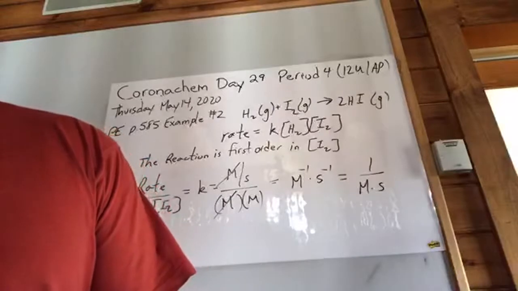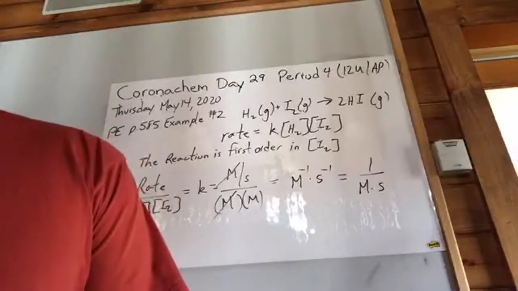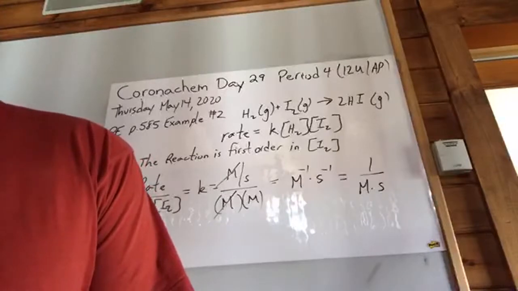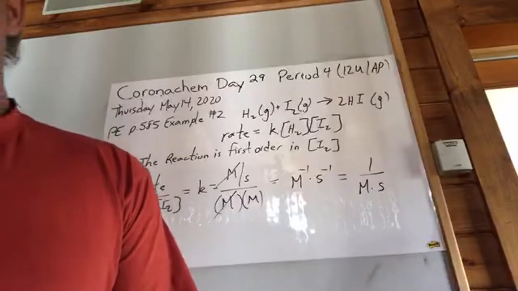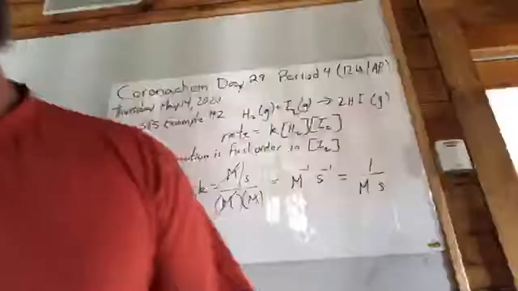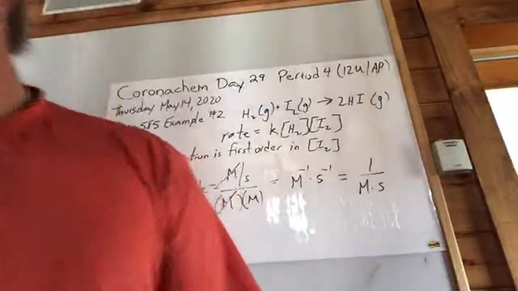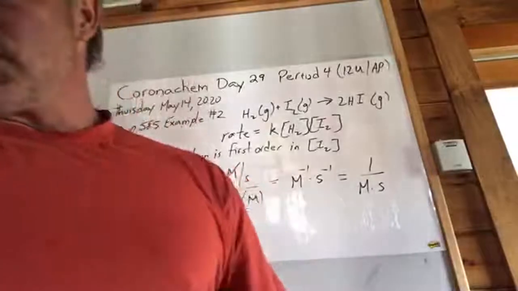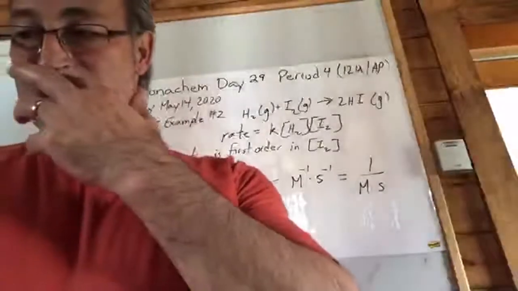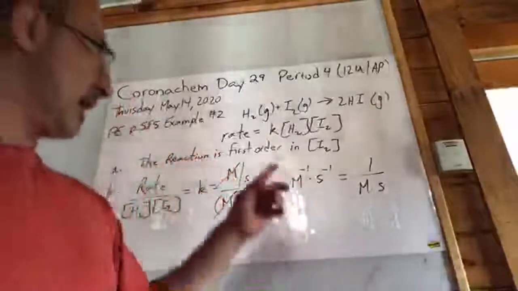Well, it's first order, and so is I2. They're both first order because they give you the rate law right after the equation. If you look at 14.11 on the top of page 584, it says rate equals k, that's the rate constant for that particular reaction, times H2 concentration times I2 concentration. Neither one of those concentrations is elevated to any power, so it's the power of 1. And that is the rate law then.